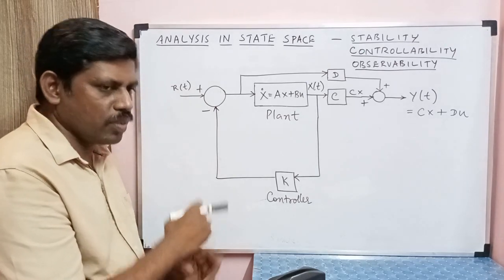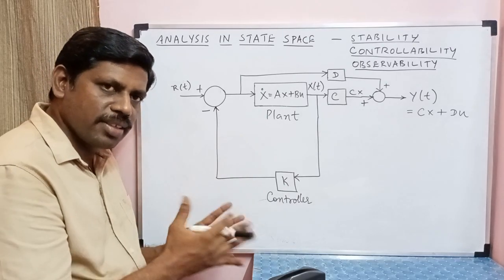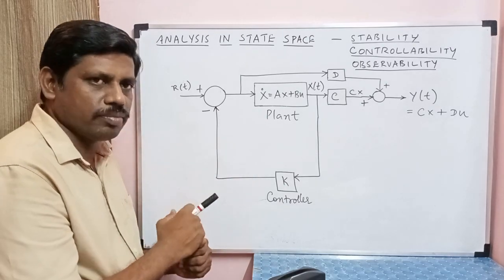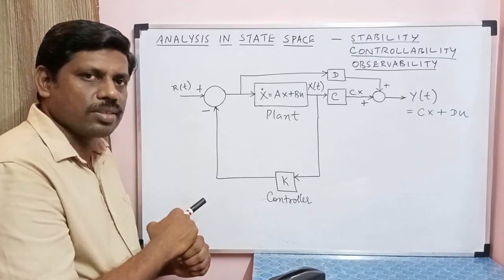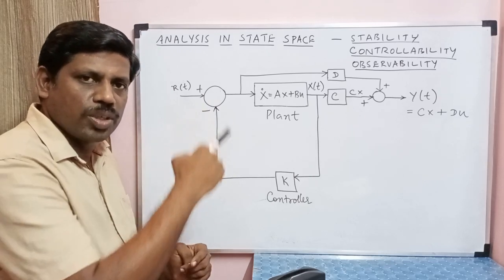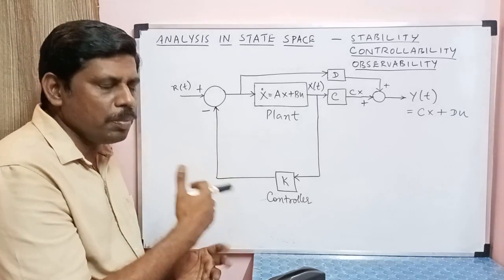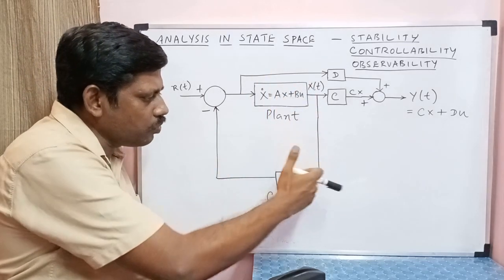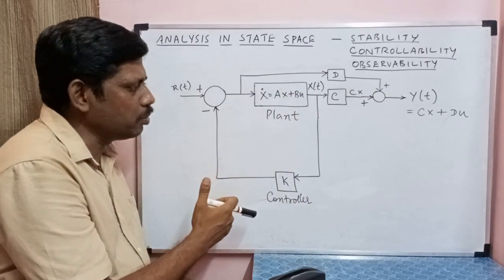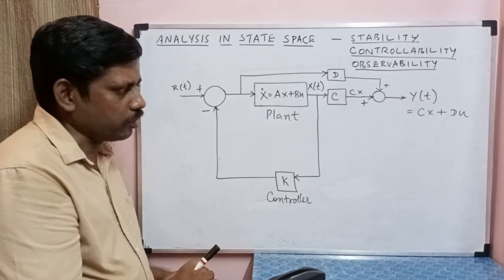For example, if you want to measure the pressure or the temperature inside an engine, it becomes a difficult task to implement sensing the variable from inside that engine. So, in many practical cases, these state variables may not be available to give as an input to this controller.